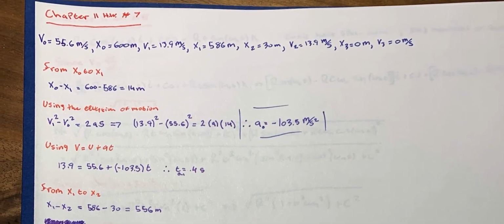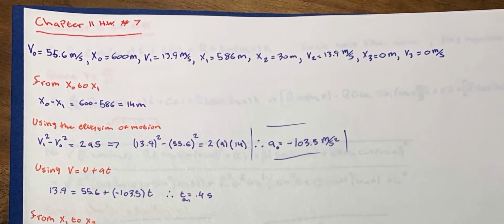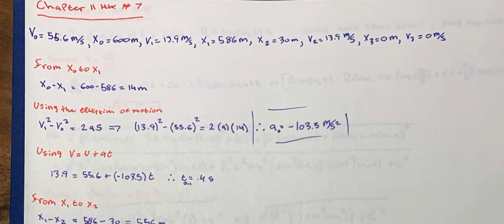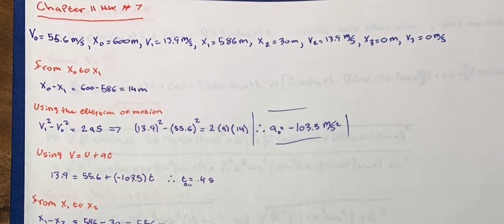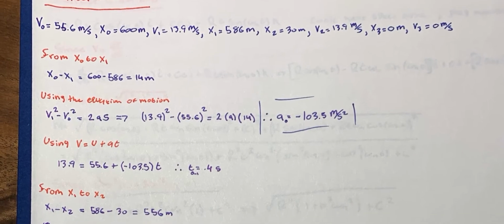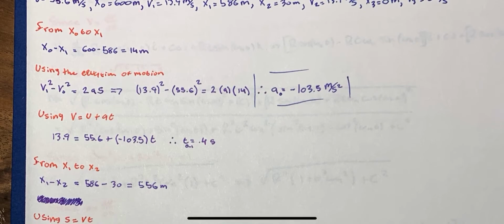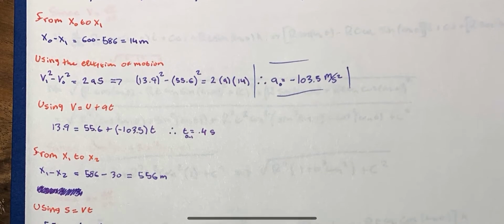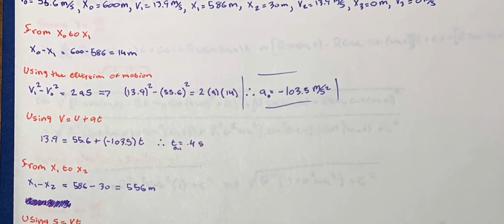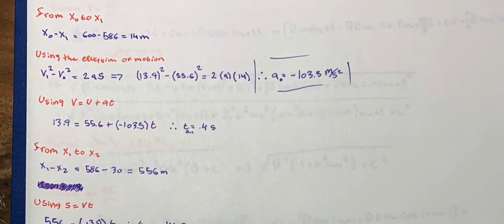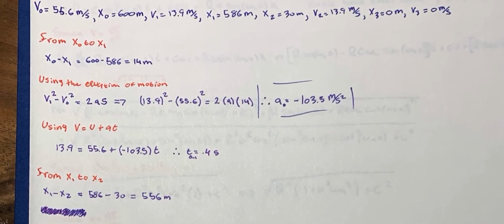So we'll have to break this into its separate parts, and so we have from position 0 to position 1, from position 1 to position 2, and position 2 to position 3. I'll have to break it into all 3 parts, solve for all 3 parts, and then add them up at the end. So from 0 to 1, which is 14 meters, you just use the standard equation of motion and plug in the numbers that it's given you from 0 to 1, and you'll find the acceleration.